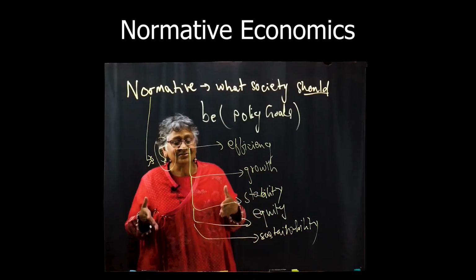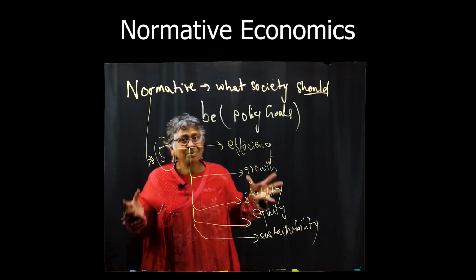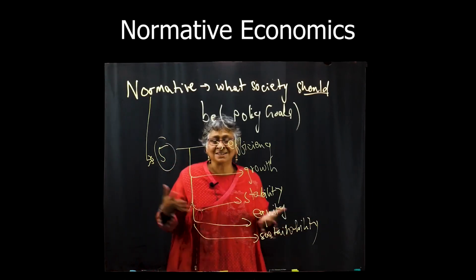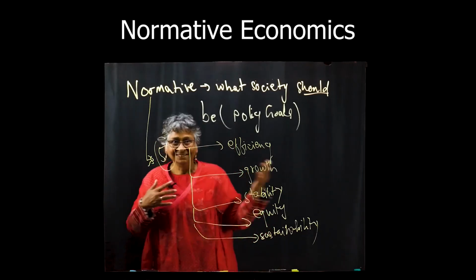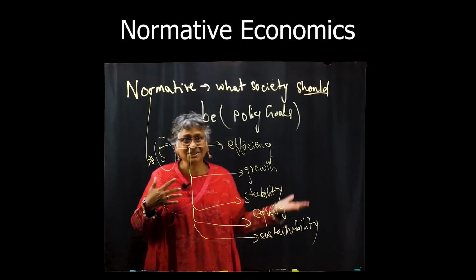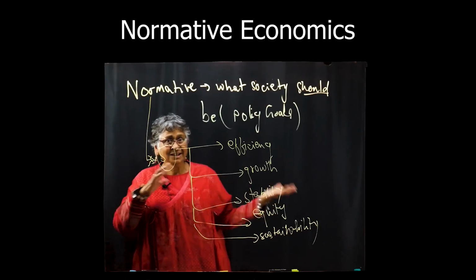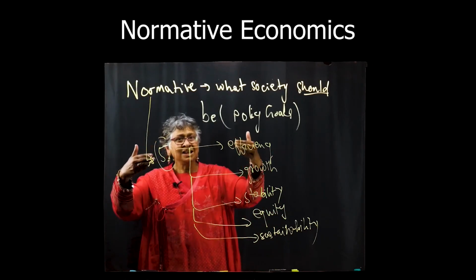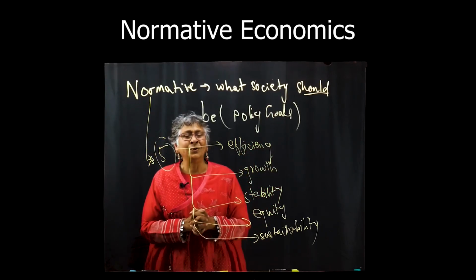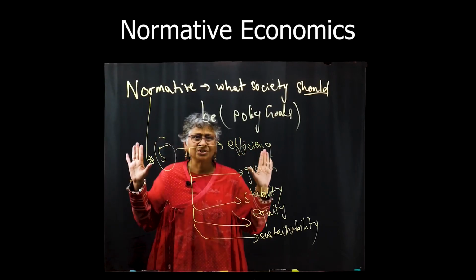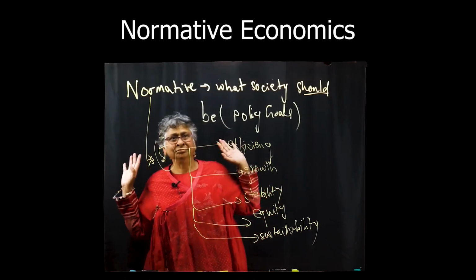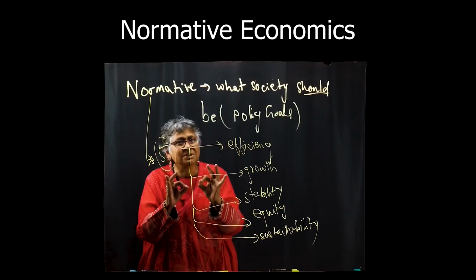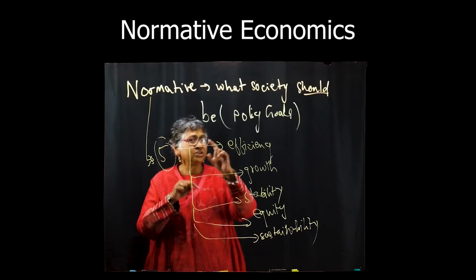But if $10 is the totality of what we have, then we're going to have to ask, how do we give this guy some $5? And we can't do it without taking something away from you, right? So efficiency is about whether a society is producing in a way that no resources are wasted. That's all, right? It's a very good goal, but it's a very specific goal, and it's not the only goal.